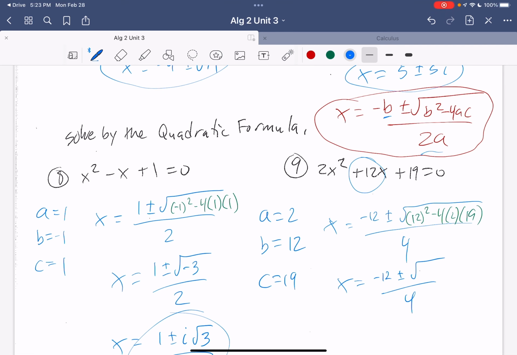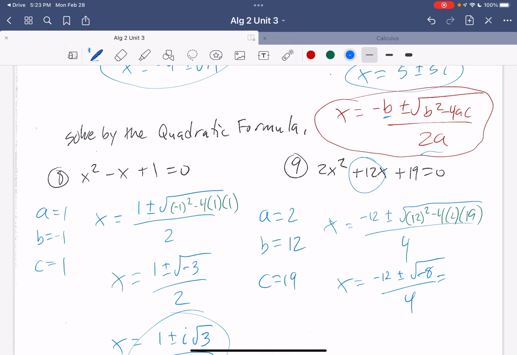So 144. Let's see. 144 is 12 times 12, minus 4 times 2 times 19. Negative 8. That's right, it's negative 8. So the part underneath is negative 8.